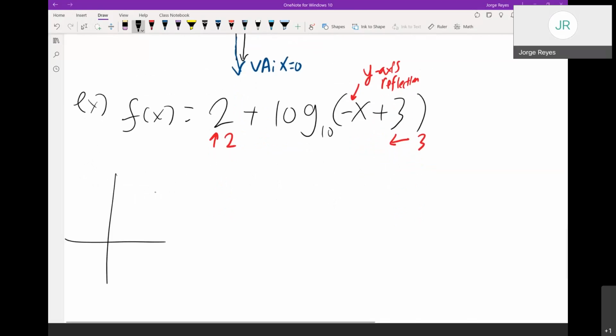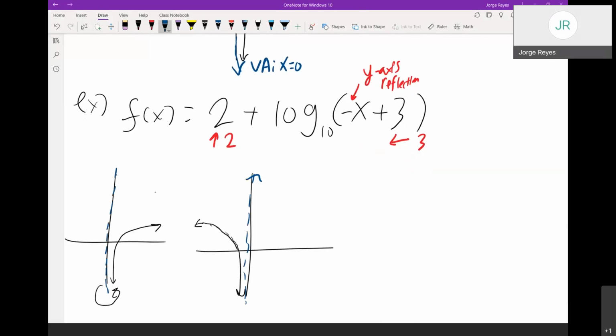So here's log, with a vertical asymptote, make sure it's important. I'm going to reflect it right across the y-axis. So now it actually looks like this. This would be log of x. This is log of negative x.